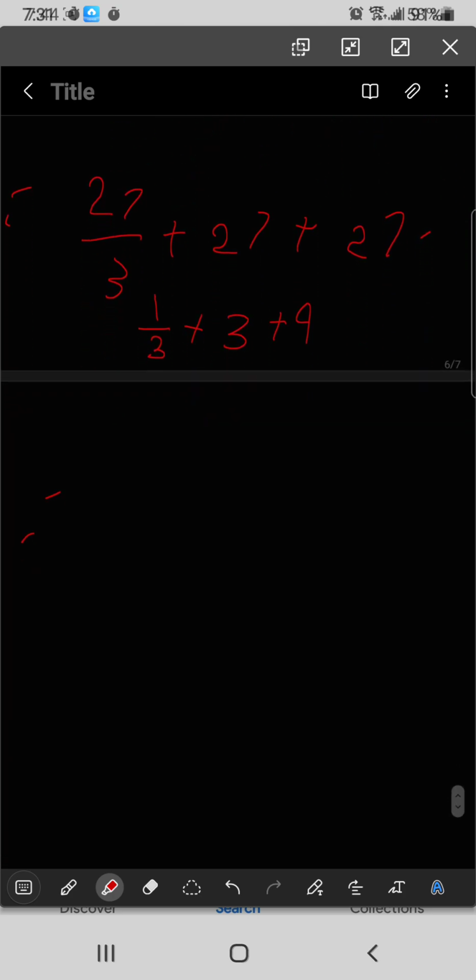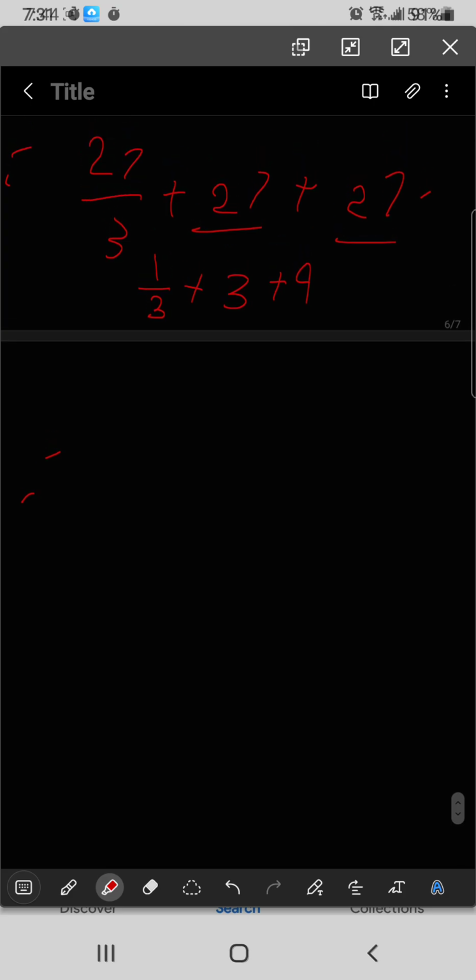Okay. 27 plus 27. This 2 minus, and these 2 addition. Okay. So you have 26 divided by 3. Plus 27 plus 27, so 20 plus 20 is 40, 7 plus 7 is 14, and we get 54.